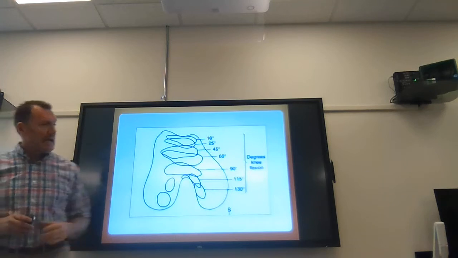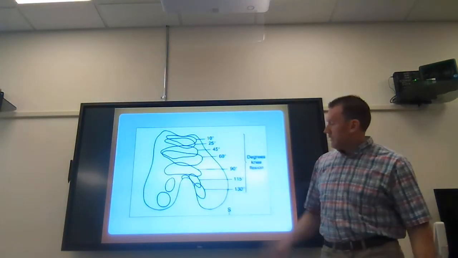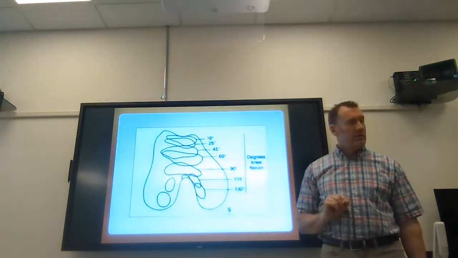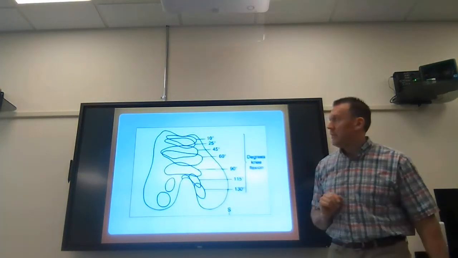So what you're looking at here is the bottom of the femur. The femur has a medial and a lateral condyle, and then you have this intertubercular space there.